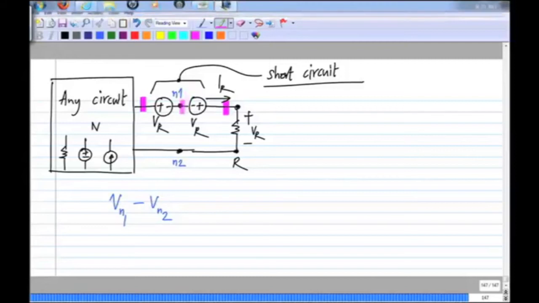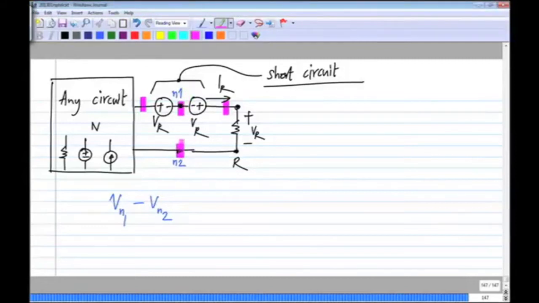My question is, how is this voltage related to that voltage? Now I think it must be pretty convincing to you that I have not changed the circuit in any way. All I did was to connect 0 volts in series with the wire, which is like not disturbing the wire at all. But that 0 volt is represented as two equal and opposite voltages of value VR in series with each other.